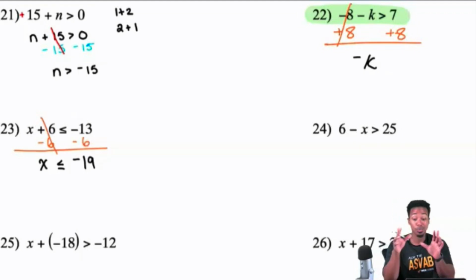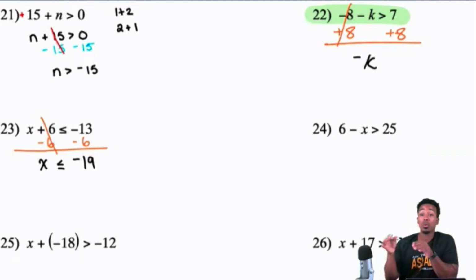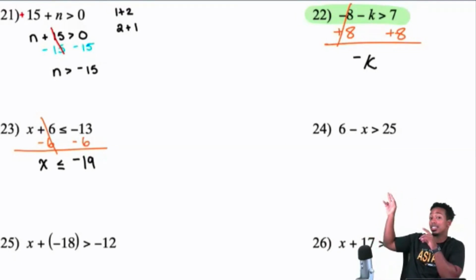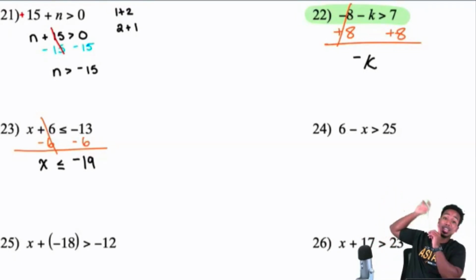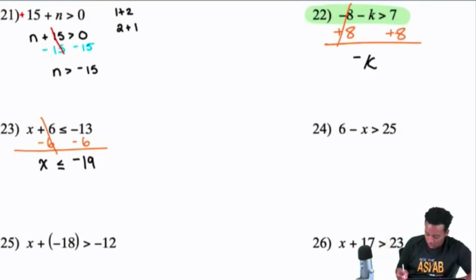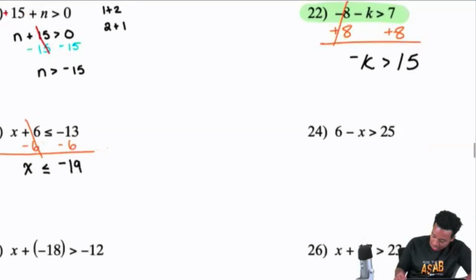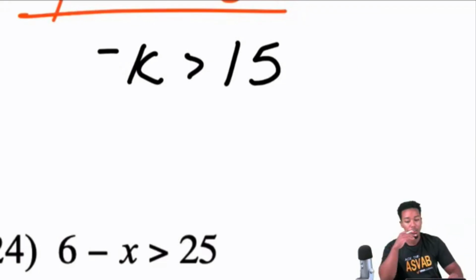Right, it stays, because we didn't do anything to the negative on the k. We took away the negative 8, but we did not do anything with the negative on the k. So we have negative k is greater than 7 plus 8, which is 15.